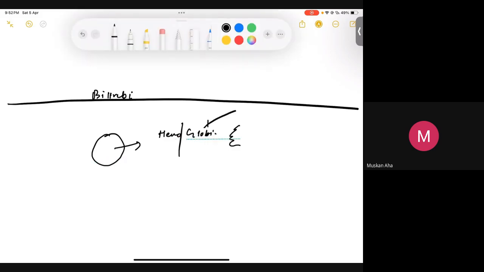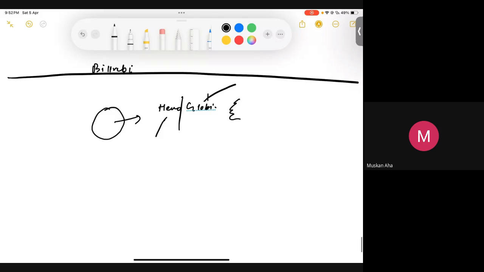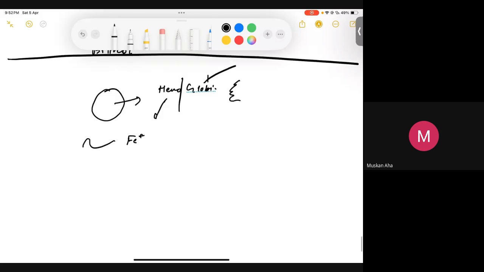The globin is broken into amino acids and reabsorbed by your body. What about heme? The iron content is detached and reabsorbed for future use, while the heme further becomes protoporphyrin. The protoporphyrin is converted into biliverdin and unconjugated bilirubin.